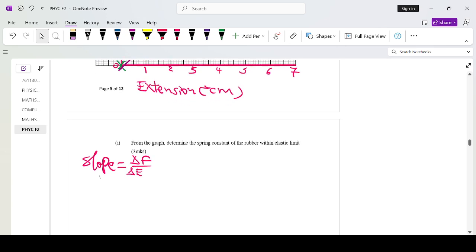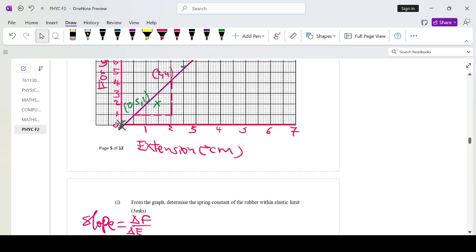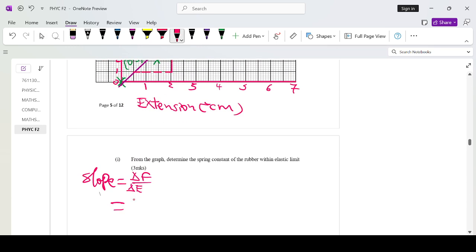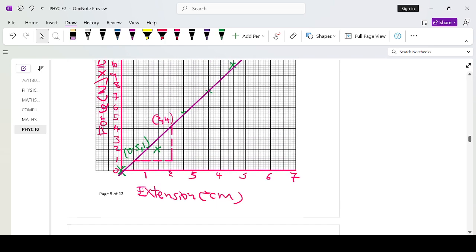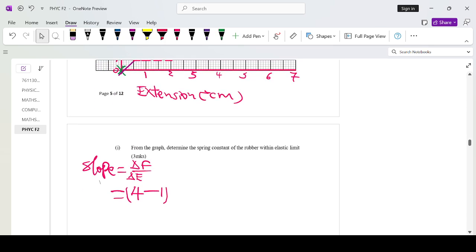Then we proceed. Let's look at the change in force. Pick the value here. Force was on our y-axis, so 4 minus 1. But remember, our force was multiplied by 10 to the power negative 1 to get the actual value, so multiply that by 10 negative 1, don't forget.